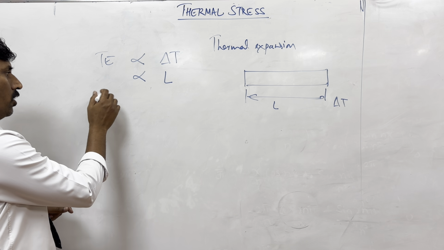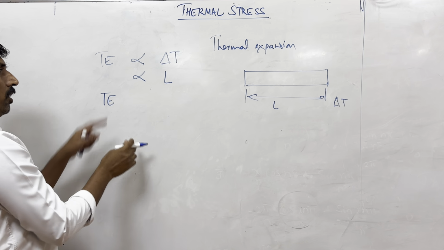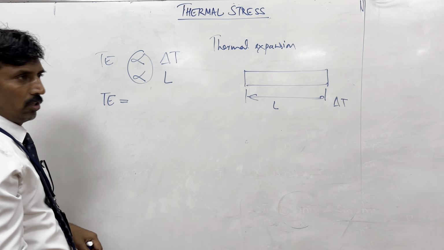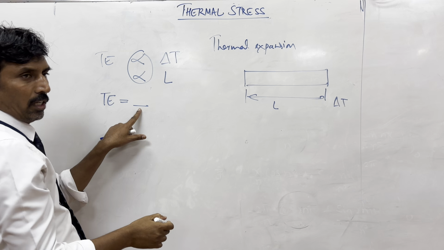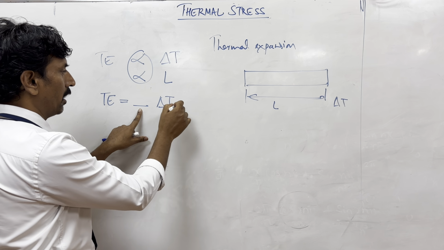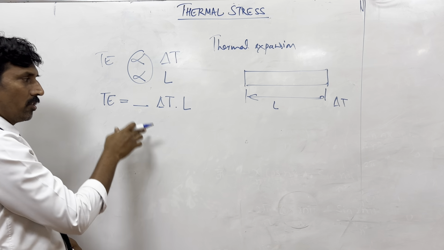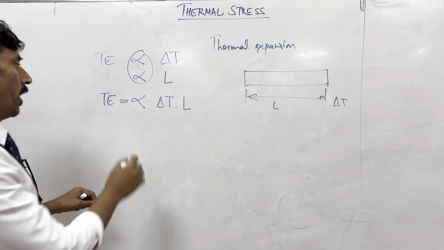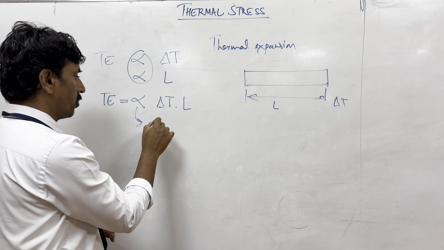And then this proportionality sign can be removed, and there can be one proportionality constant here, which is multiplied both with delta T and L. That constant is alpha, which is called the coefficient of thermal expansion.